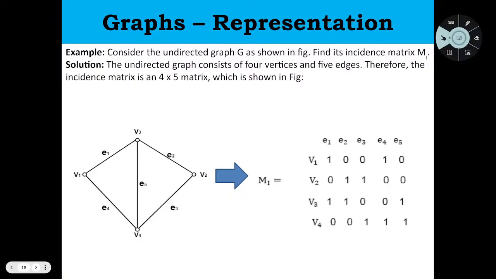If there is no representation of path that time you will write it like v1 v2 v3 v4 v5, clear. Complete this one. అయిపోయిందా ఇది, yes or no?